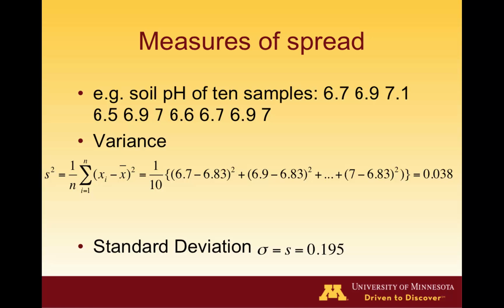So following this definition, you put all the values in, and in the end you get 0.038 as your variance. And standard deviation is simply the square root of variance, which gives you 0.195.